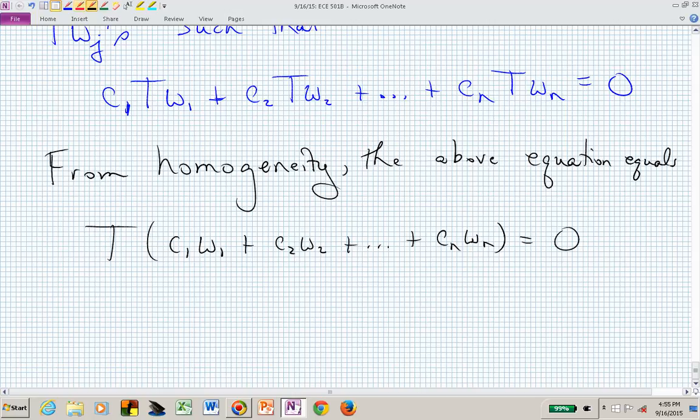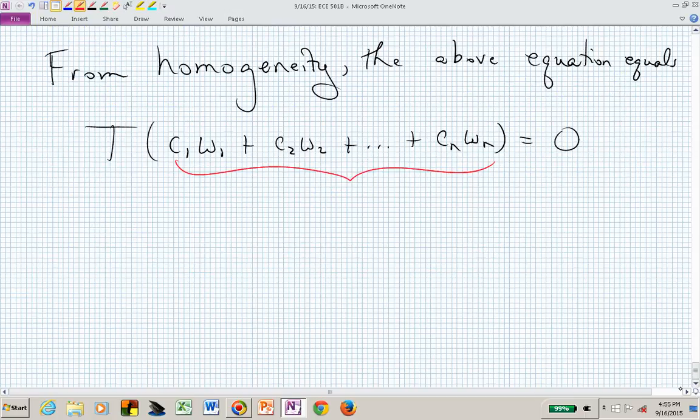Ooh. What's that say about that argument? This is saying that that vector in the argument of that linear map maps that vector to the origin in W. What does that say about that vector that I've highlighted in red?